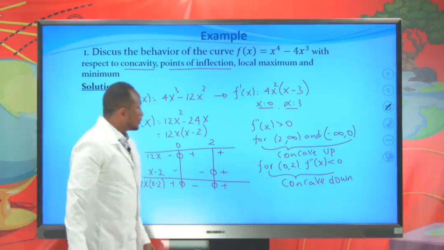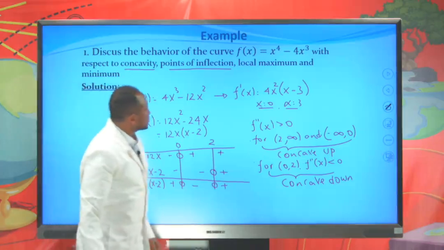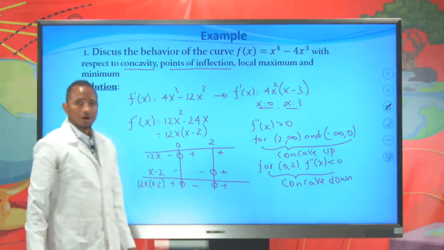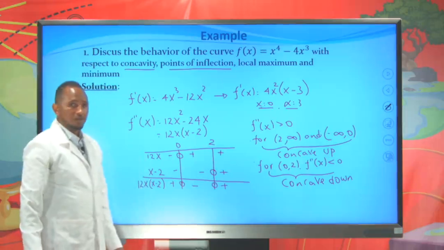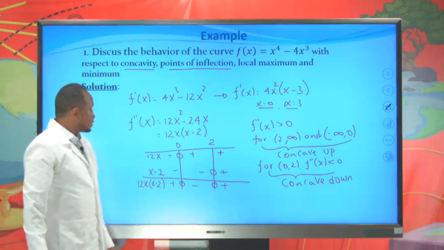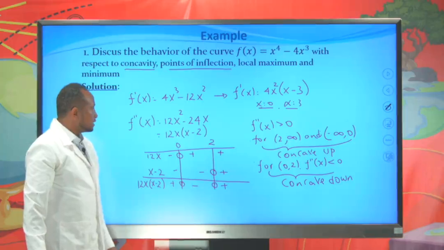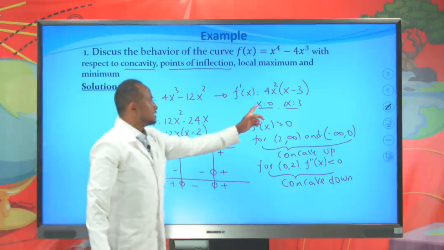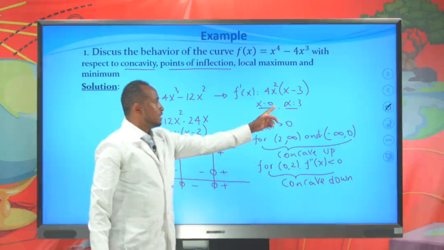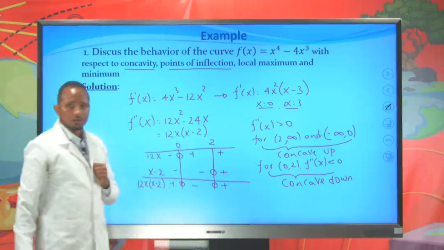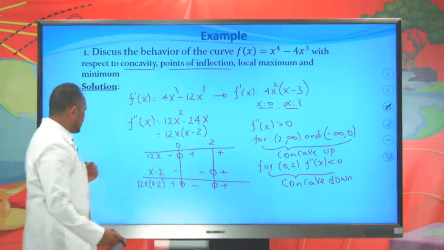Okay. Now what remains is we need to find the local maximum and local minimum values or points. To find that, we have the critical numbers x equal to 0 and x equal to 3.